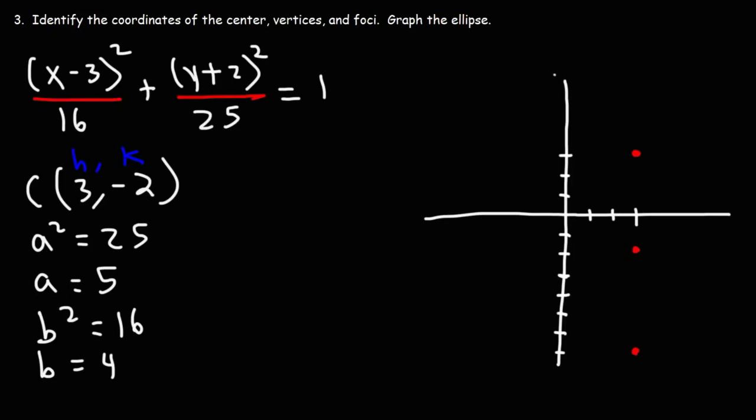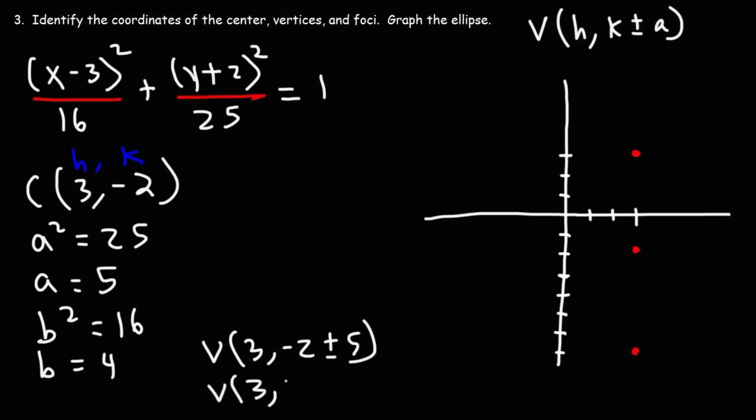And so the coordinates of the vertices, rather than being 0, comma, plus or minus a, are h, comma, k plus or minus a. H is 3, k is negative 2, a is 5.